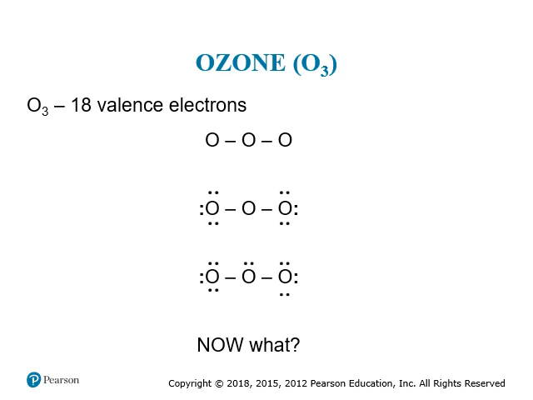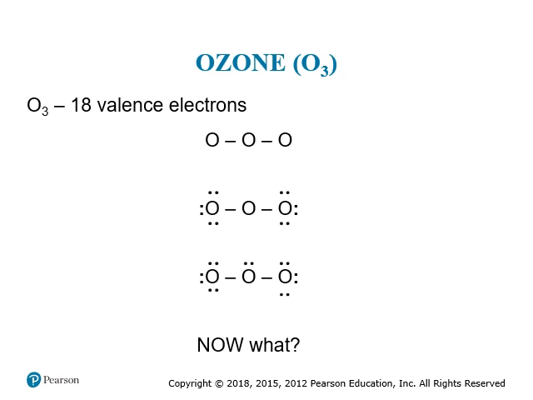Our next rule says to add any remaining electrons to our central atom. In doing so, we now see 3 oxygen atoms, 2 of which have a complete octet, but the central one only has 6 valence electrons around it. It does not have a complete octet.